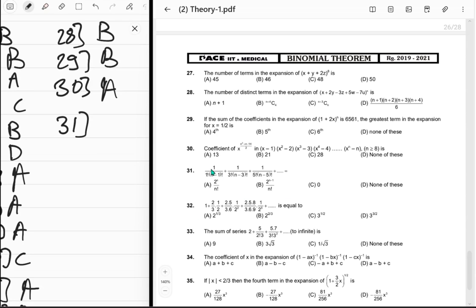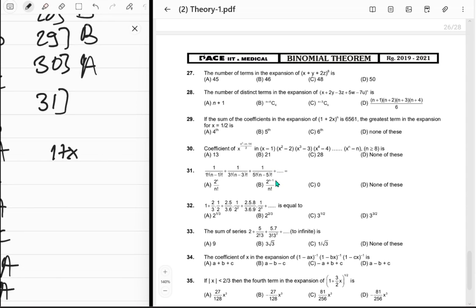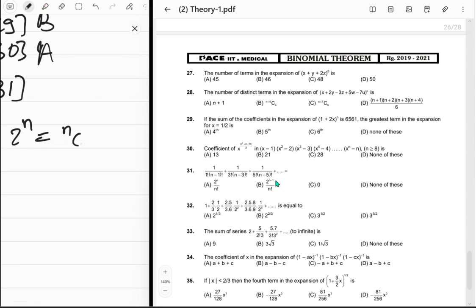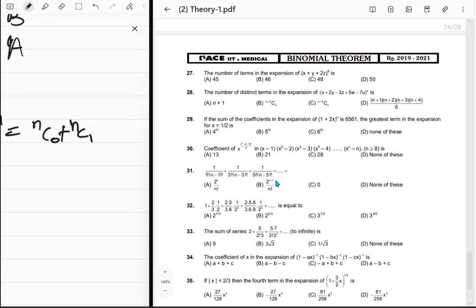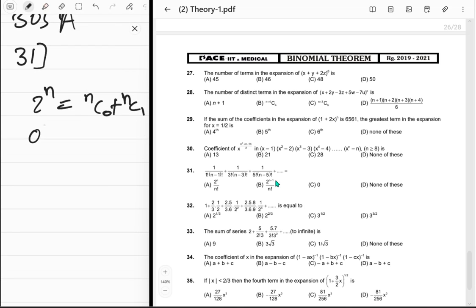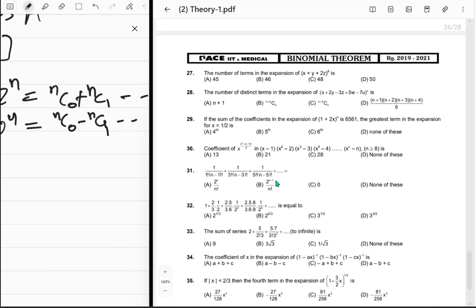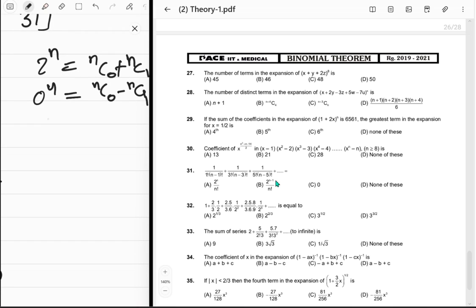It's just like NC1 plus NC3 plus NC5 and so on, right? So 1 plus x power n, so 1 plus 1 power n, that's 2 power n, is equal to NC0 plus NC1 all the way. And then when you put negative 1 in there, you get NC0 minus NC1, and so on. Actually, no, just not add it, subtract it.